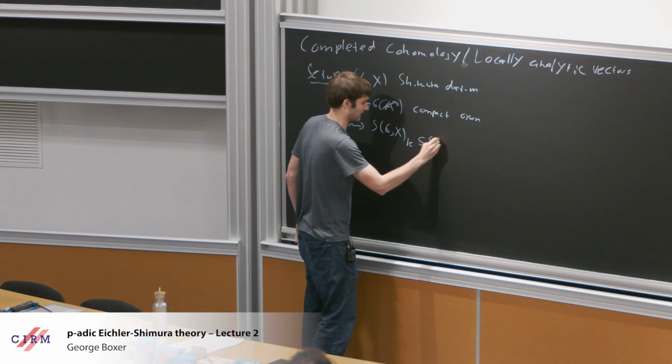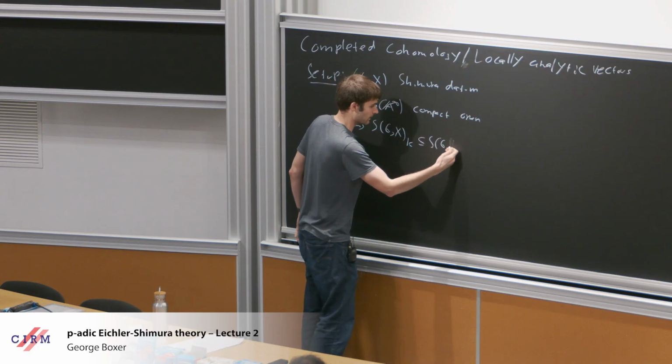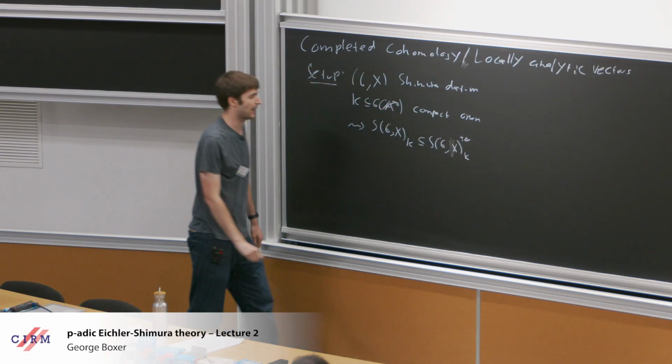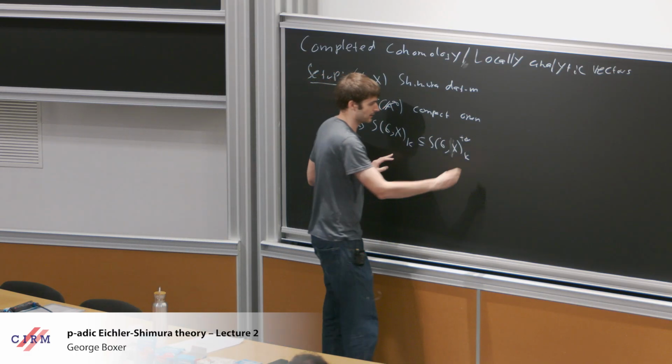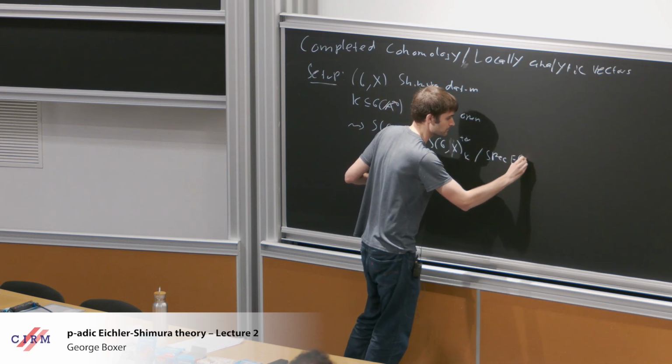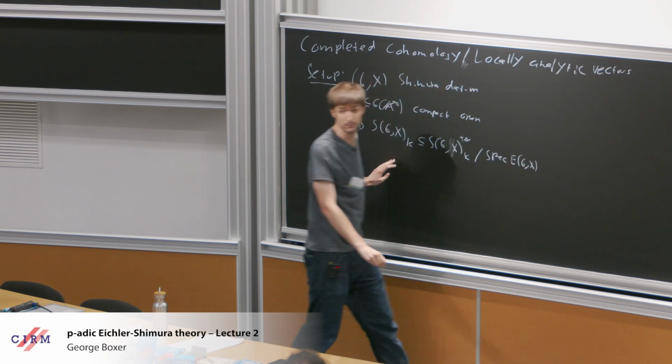And this also has a toroidal compactification, which was recalled by Van Sant. And for now, we're viewing these as algebraic varieties over the reflex field, which is a finite extension of Q.